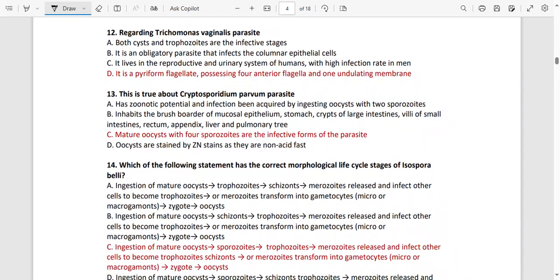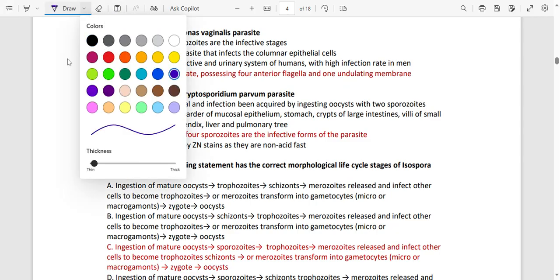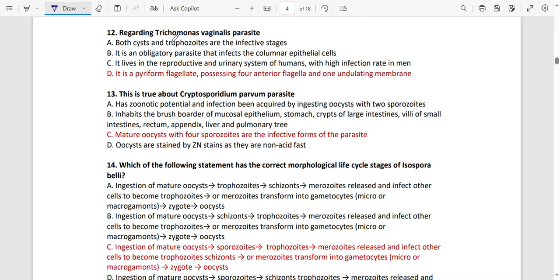Number 12, regarding Trichomonas vaginalis parasite. Both cyst and trophozoite are the infective phase. We did mention that the infective phase is the trophozoite. It is an obligatory parasite that infects the columnar cells, and we said it infects what kind of cells?